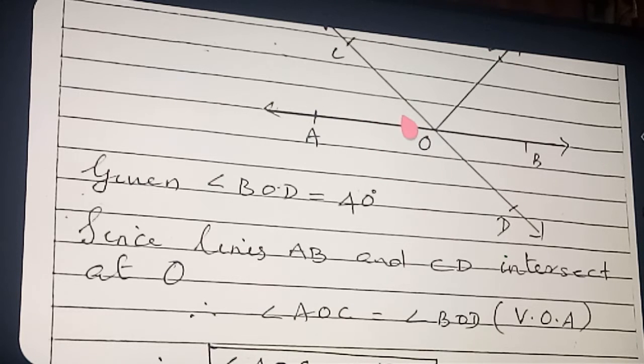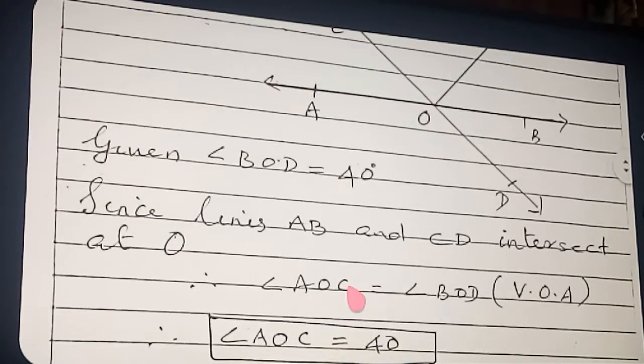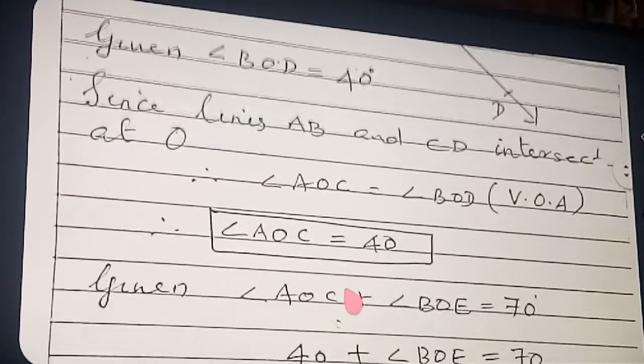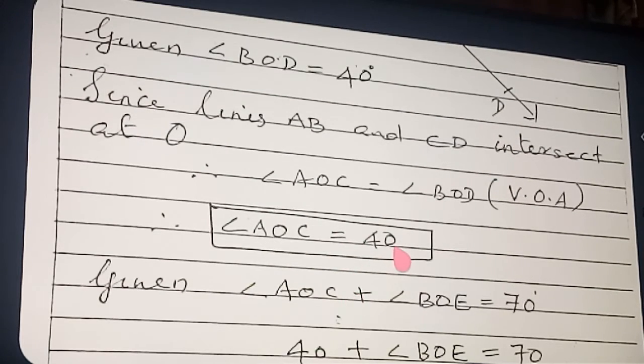Angle AOC and BOD, what type of angles? Vertically opposite angles. So BOD is 40, and AOC is 40. That is the step I have written here. See here. Clear?